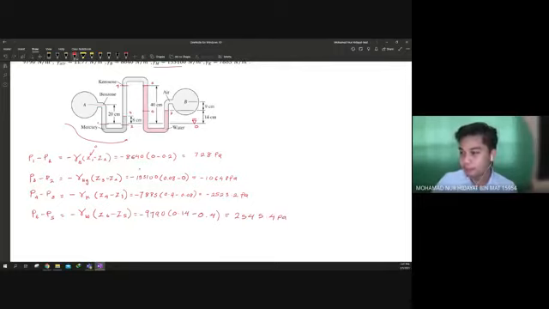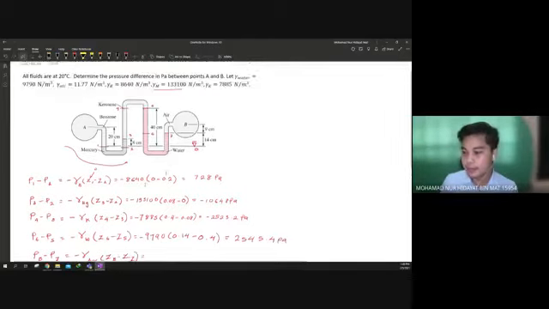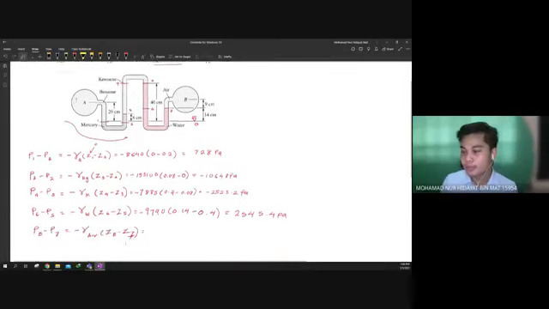Okay, finally, 6 to 7, not necessary to do because 6 and 7 are the same. So 7 to B. So PB, final minus initial. So negative of gamma of what? Of air. ZB minus Z7. Okay. The gamma of air is given as 11.77.